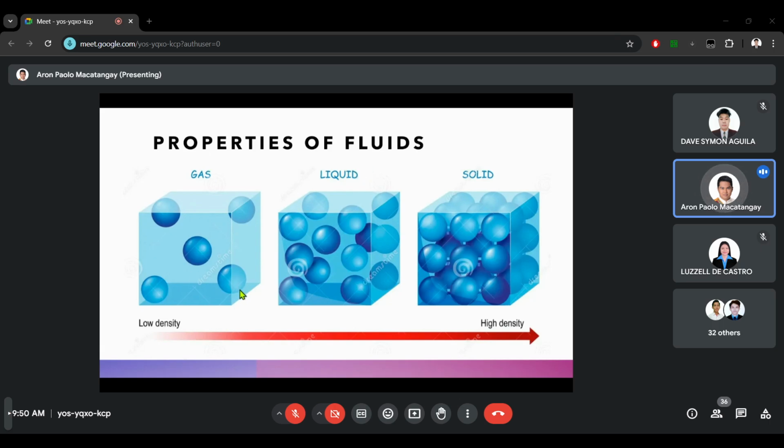So for gases, expect a very, very low density because there is very little mass per unit volume. For liquids, it would be higher. And definitely solids have a very, very large density because they pack a lot of mass in a unit volume. Okay? So this is how your density will vary from different cases.